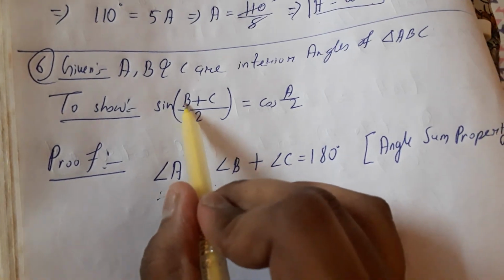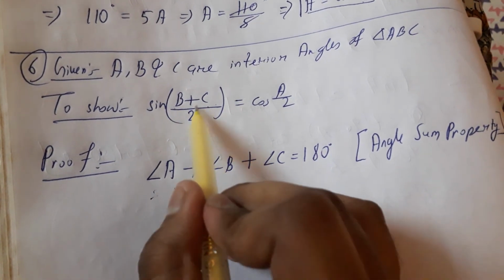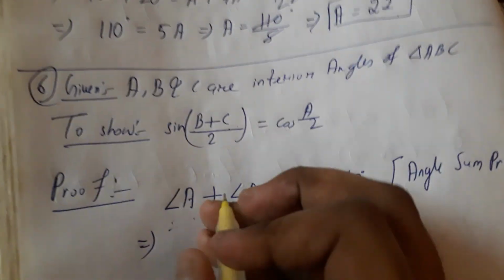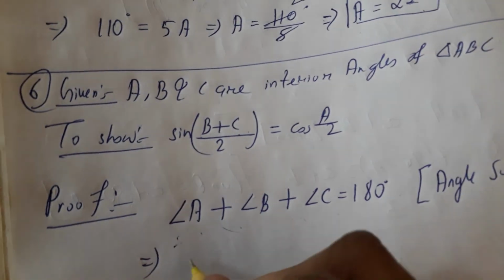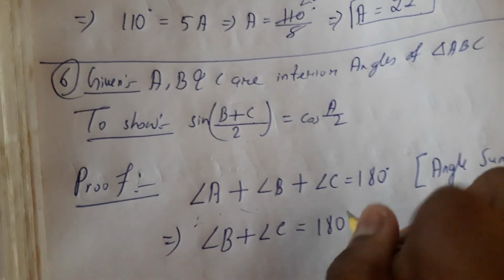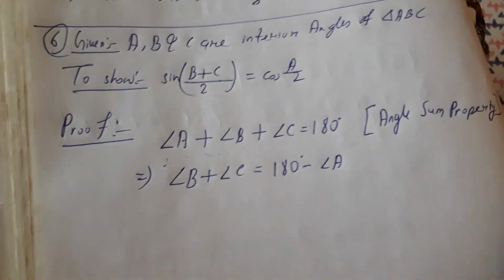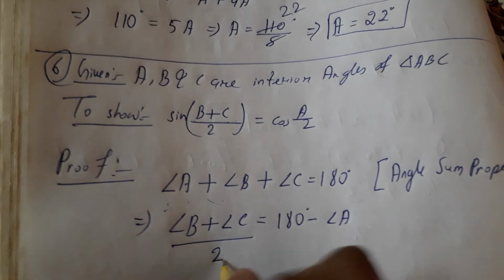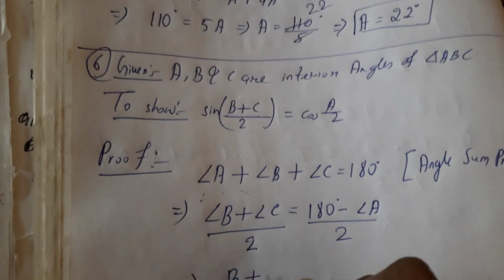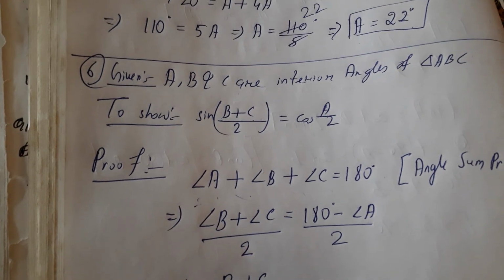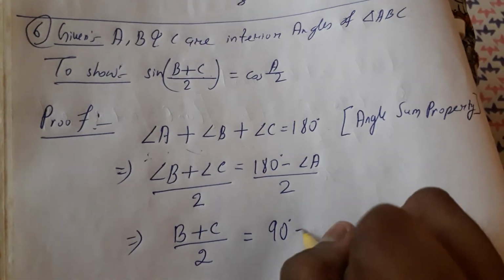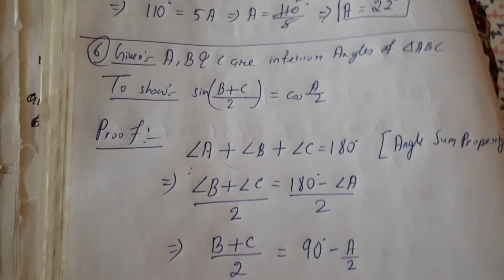Now you have to write B plus C, so A will go to the right hand side. Now write angle B plus angle C is equal to 180 degrees minus angle A. So now dividing by 2 on both the sides, (B plus C) divided by 2 is equal to 90 degrees minus angle A by 2.